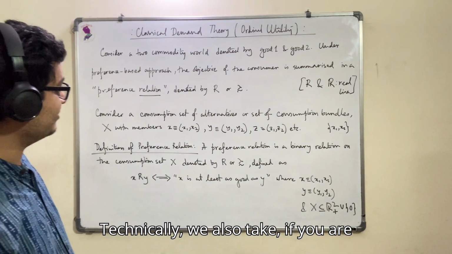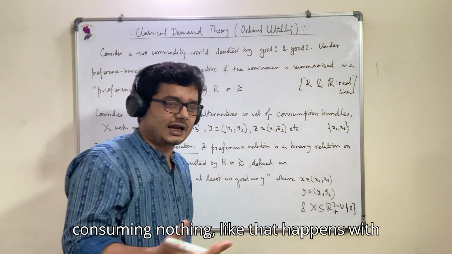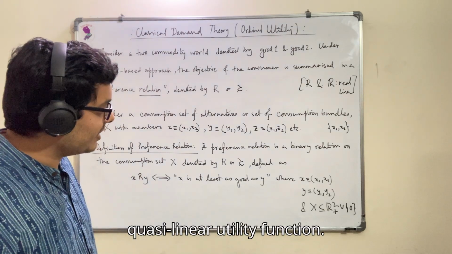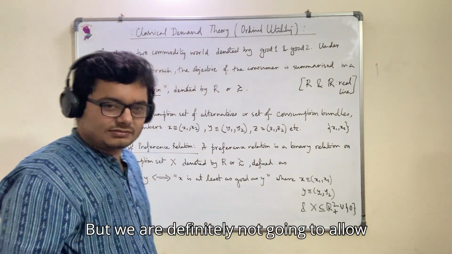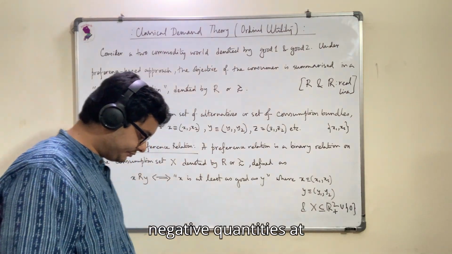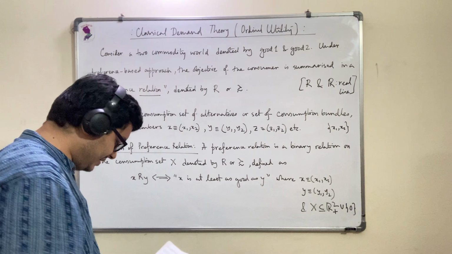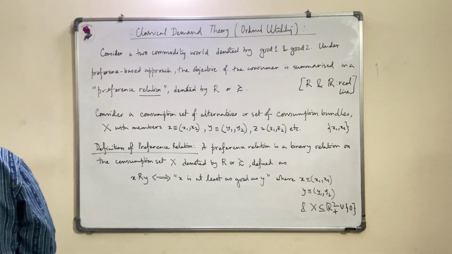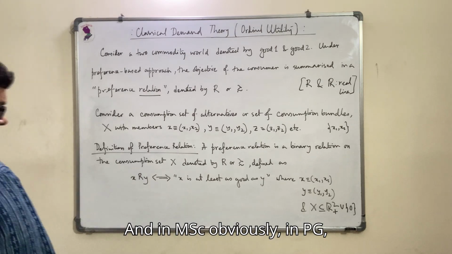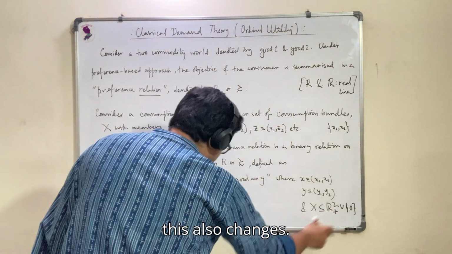Technically we also take, if you are consuming nothing, like that happens with the quasi-linear utility function. Okay, but we are definitely not going to allow negative quantities at this level.